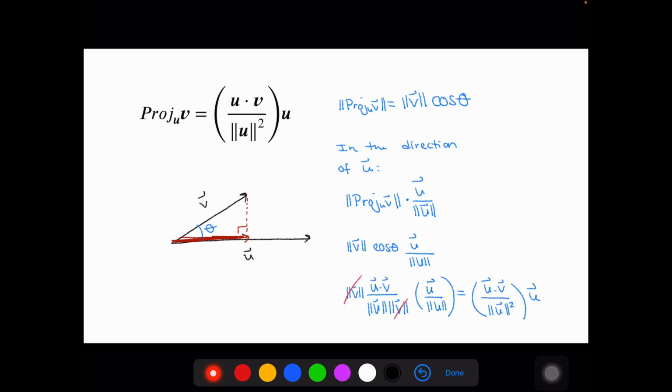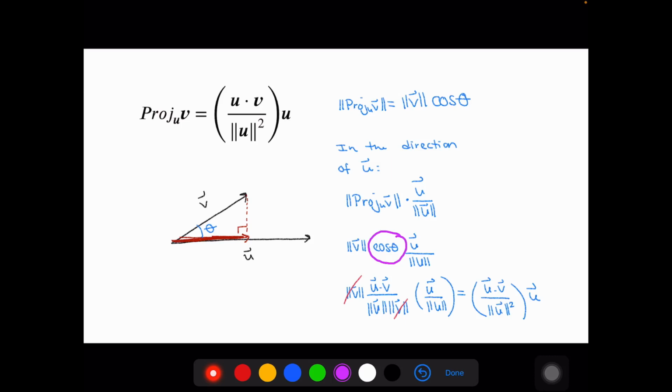Let's plug some stuff in. We just figured out using trigonometry that the magnitude of our projection has to be magnitude of v times cosine theta. So I have magnitude v cosine theta times u divided by magnitude of u. And then I replaced the cosine theta with the dot product formula: cosine theta equals u dot v divided by magnitude u magnitude v.